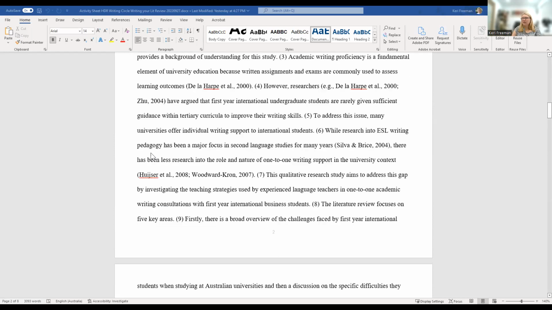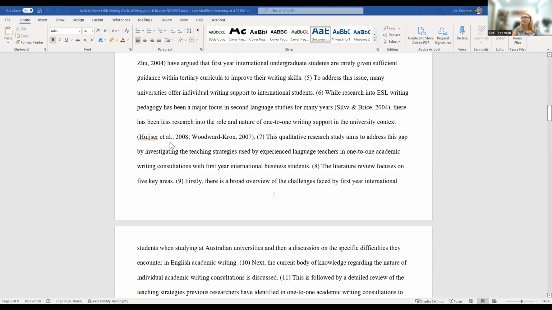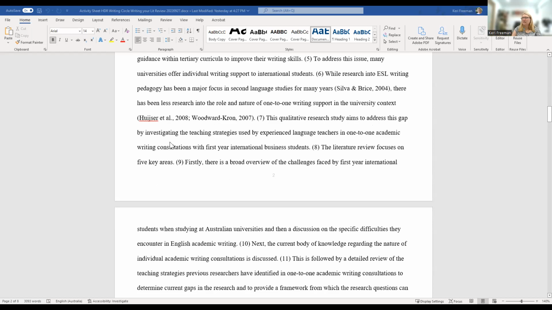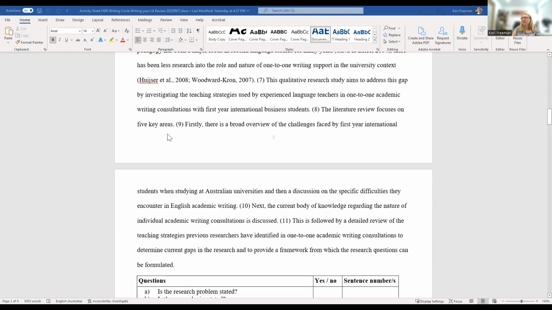However, researchers have argued that first-year international undergraduate students are rarely given sufficient guidance within tertiary curricula to improve their writing skills. To address this issue, many universities offer individual writing support. While research into ESL writing pedagogy has been a major focus in second language studies for many years, there has been less research into the role and nature of one-to-one writing support in the university context.